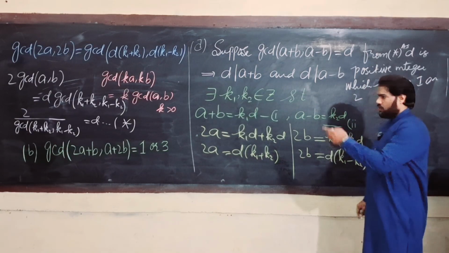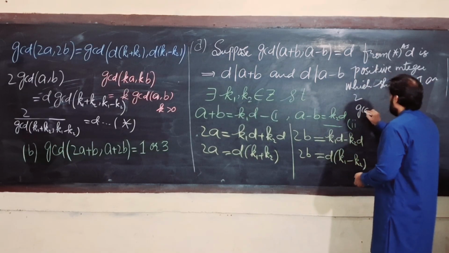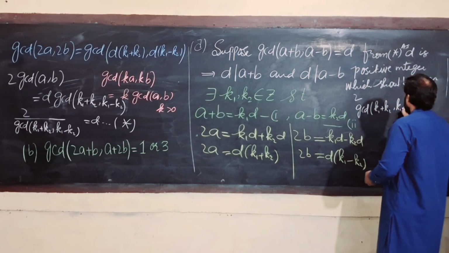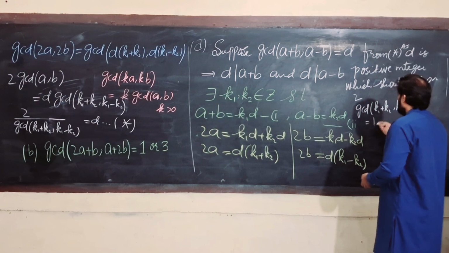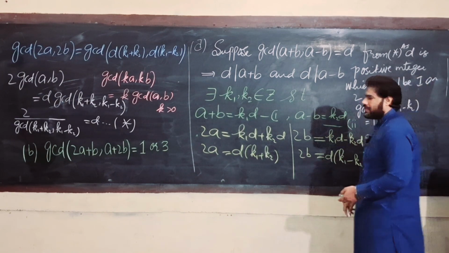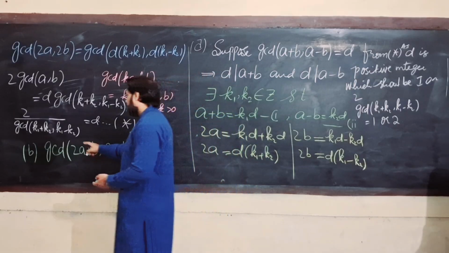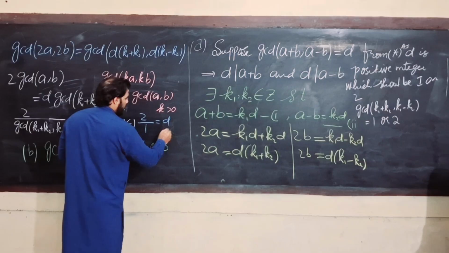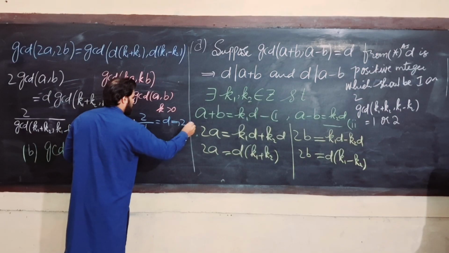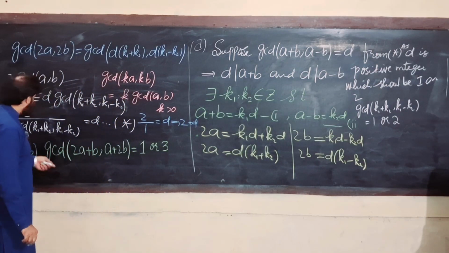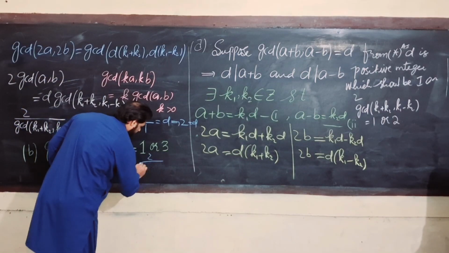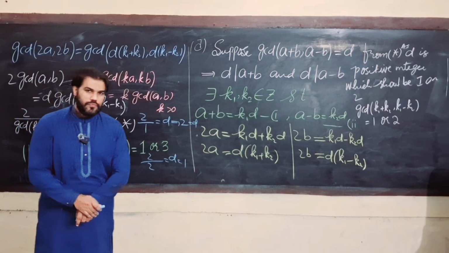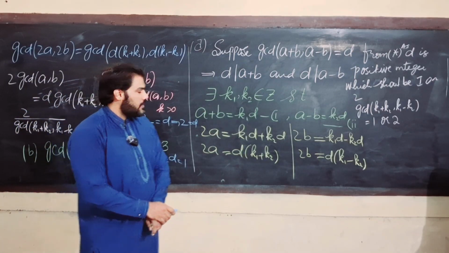This is possible if the denominator, that is GCD of k1 plus k2 comma k1 minus k2, is equal to 1 or 2. When your denominator is 1, it becomes 2 over 1. In this case, our GCD is 2. In case your denominator is 2, then our D is equal to 1, which is required to prove. Next, I will discuss its second part.